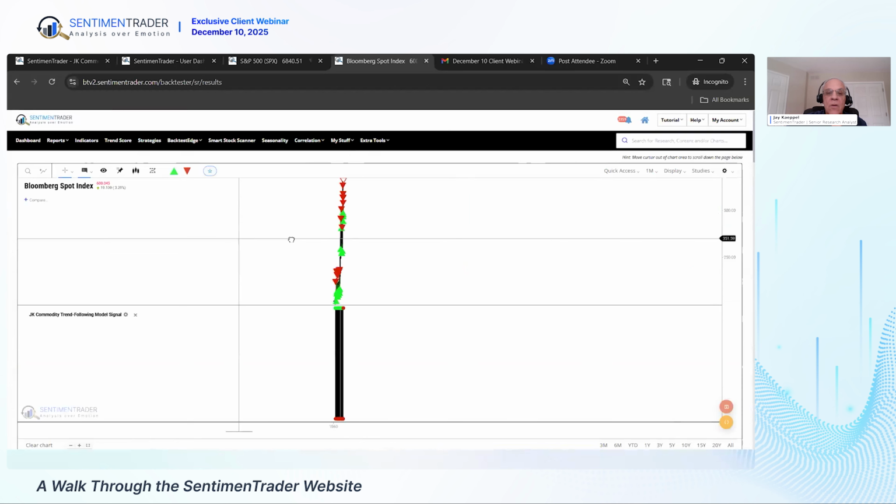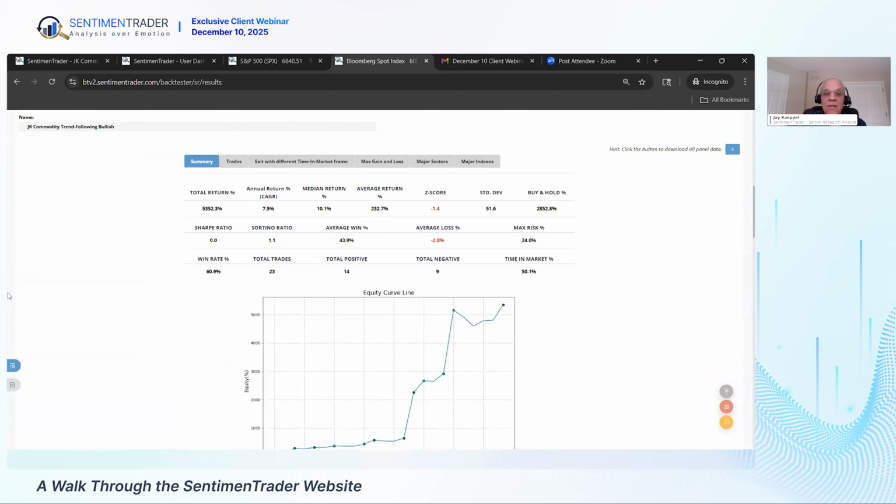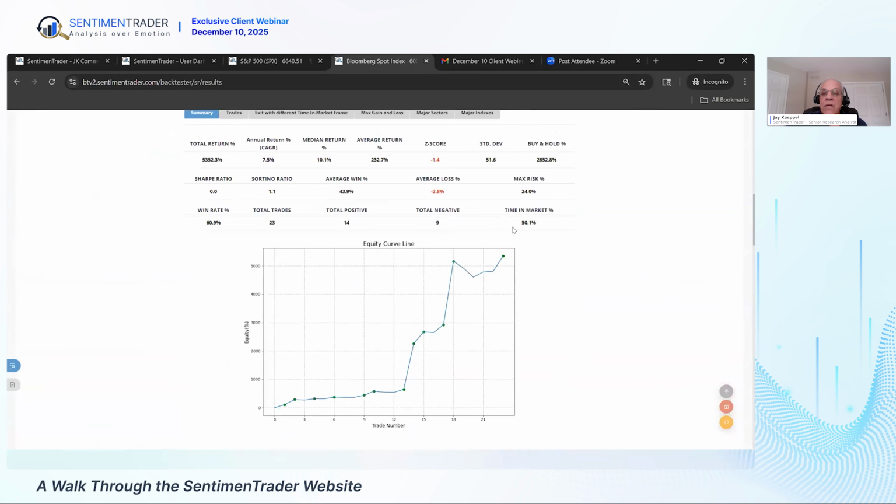All right, well, let me make this magically appear. So you can see during significant advances, you'll be in. During choppier times, you might be in and out. But let's take a closer look at the results. It's only in commodities 50% of the time, which seems about right. Only a 61% win rate, but 44% average win, 3% loss.